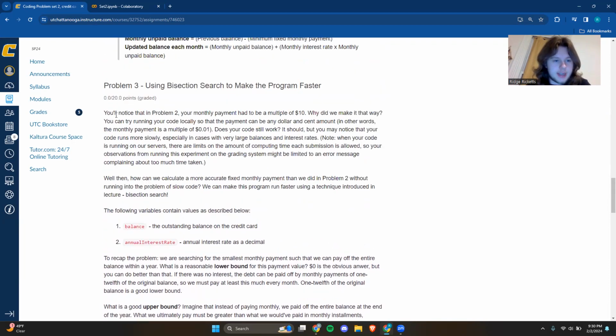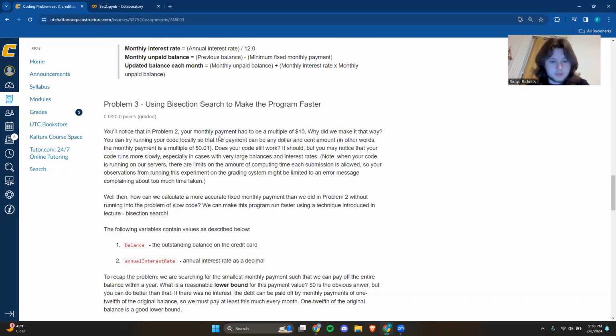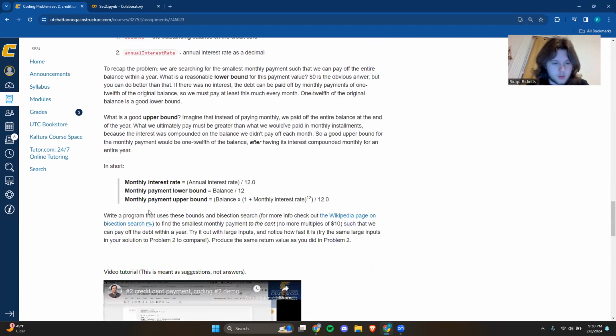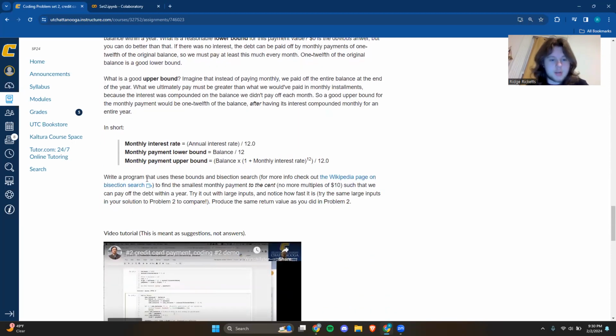Okay, and then for three, it asks you to write a program that uses bounds and bisection search to find the smallest monthly payment to the cent, such that we can pay off the debt within a year.